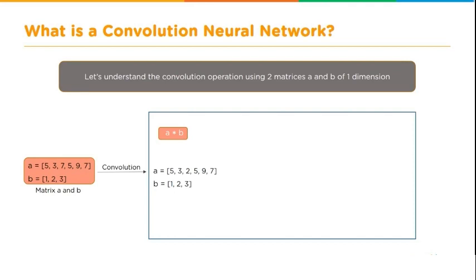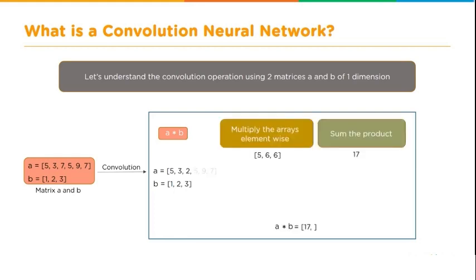So in the convolution, as it comes in, it's going to look at these two, and we're going to start by multiplying them, A times B. We multiply the arrays element-wise, and we get 5, 6, 9, where 5 is 5 times 1, 6 is 3 times 2, and the 9 is 3 times 3. Since the two arrays aren't the same size, we're going to truncate the first one, and look at the second array multiplied just by the first three elements of the first array.